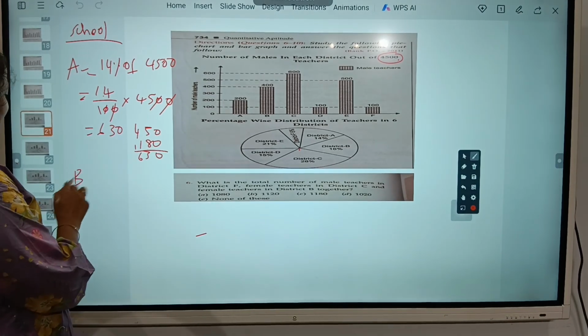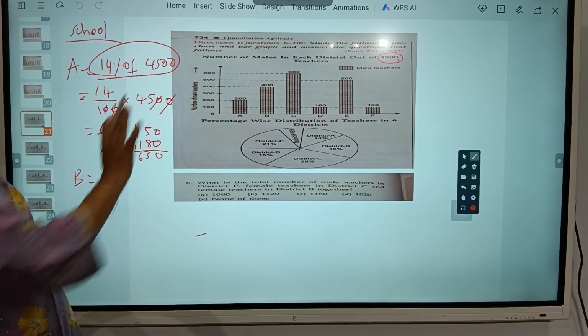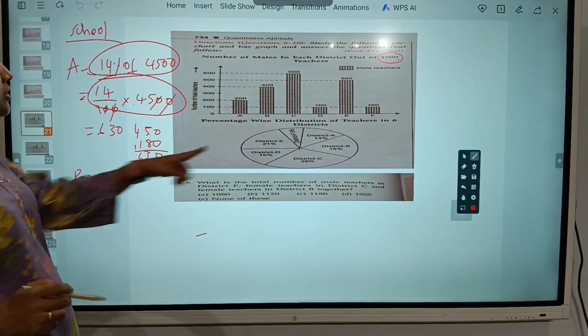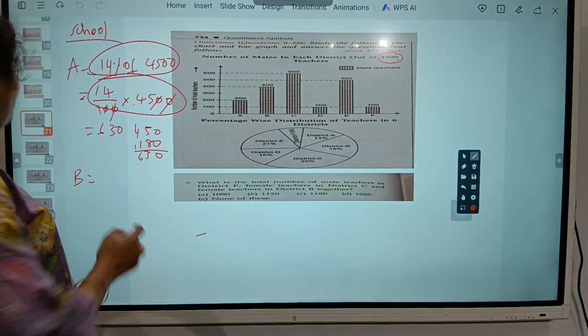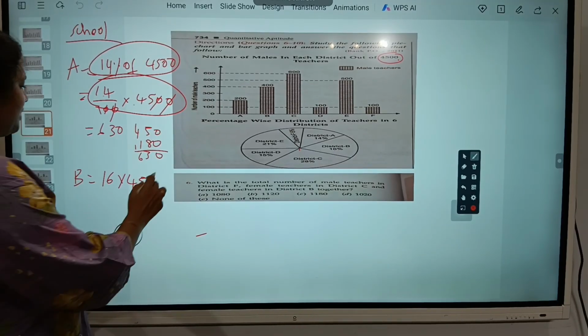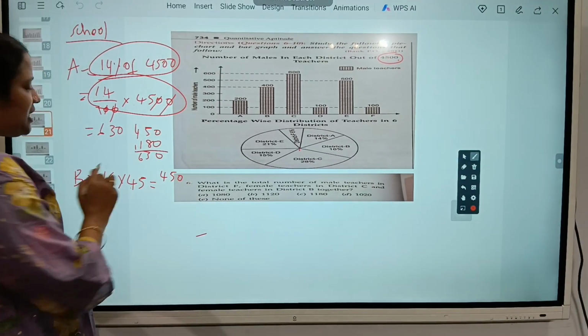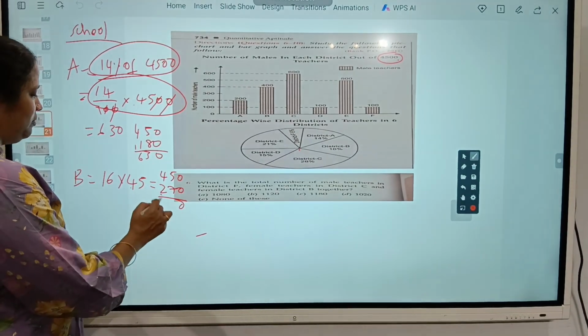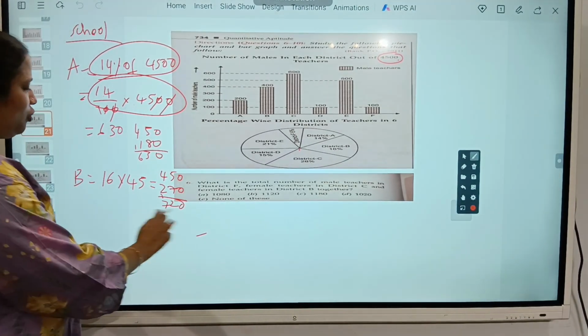And in school B, I am not using the whole formula and will directly use this step. In school B the value is 16 into 45, which is 450 plus 6 times 45, means 270, so 720.